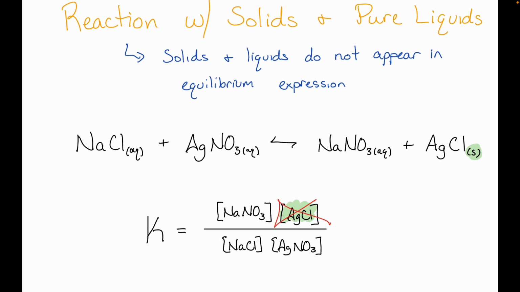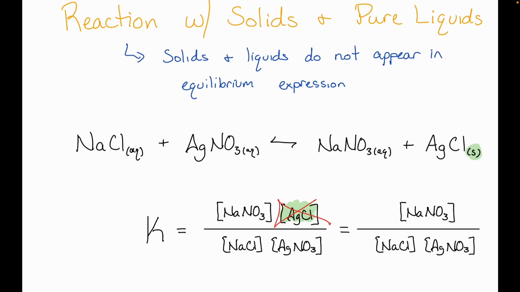You just don't include solids or pure liquids in your equilibrium expression. So the actual equilibrium expression for this would only relate these aqueous components together, like this. Again, solids and pure liquids do not appear in equilibrium expressions. They just don't have variable concentrations.